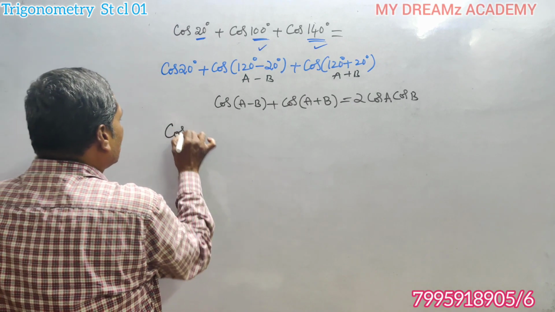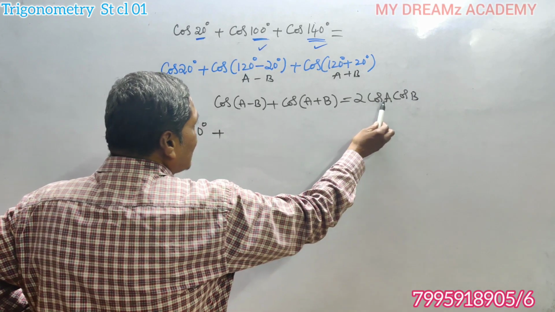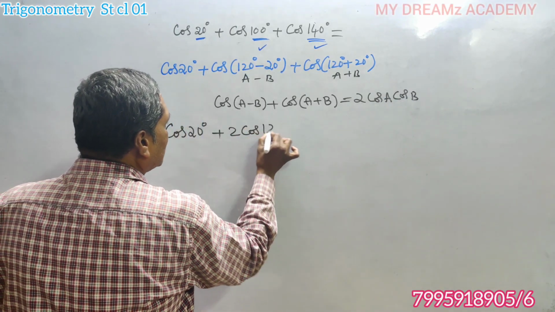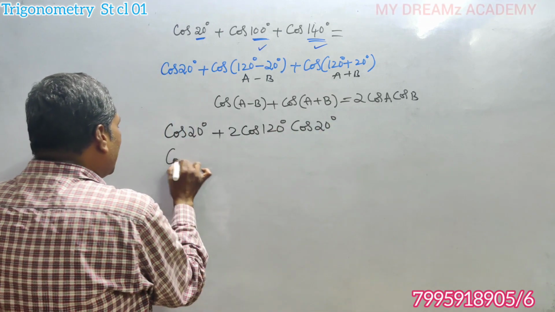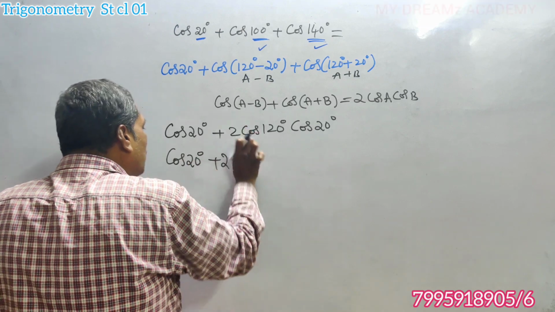Therefore this is cos 20 plus 2 cos A cos B. 2 cos A is 120, cos B 20. Cos 20 plus 2 cos 120.